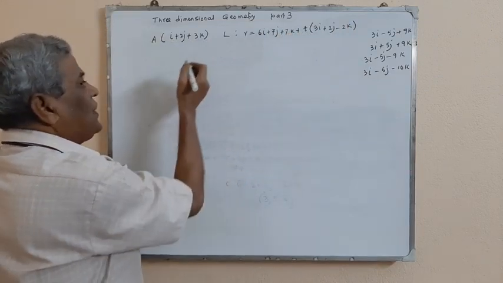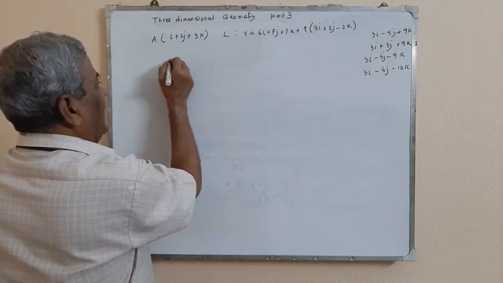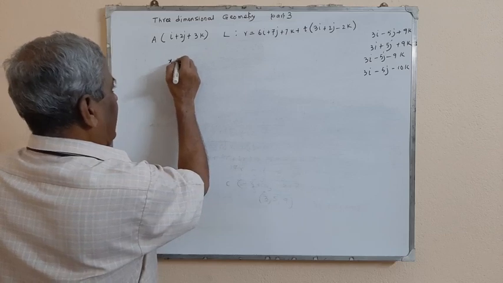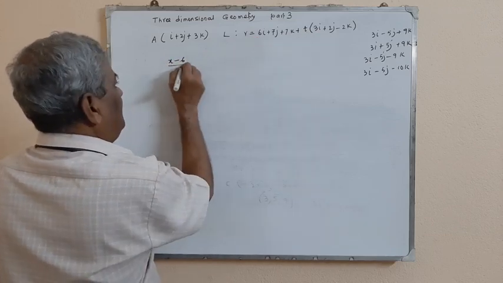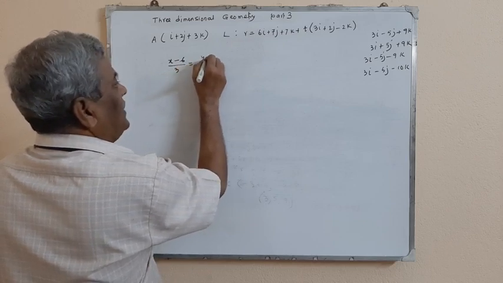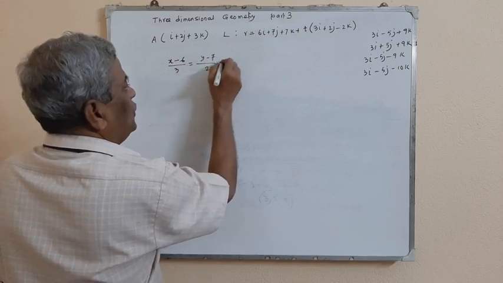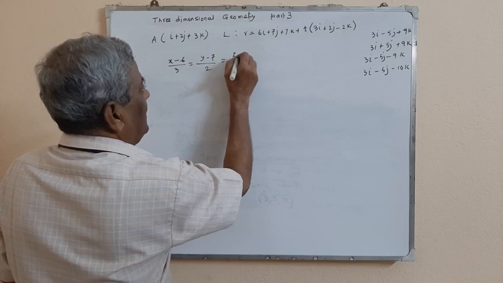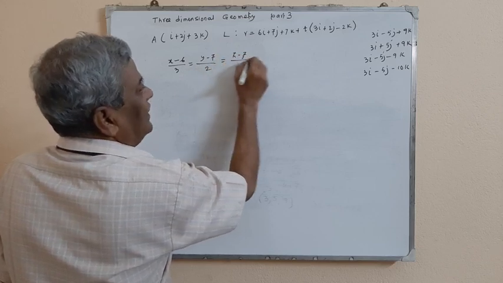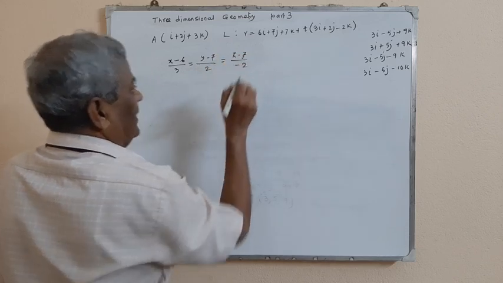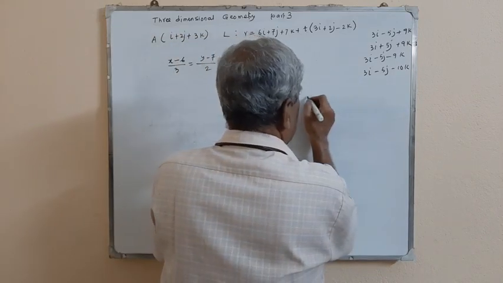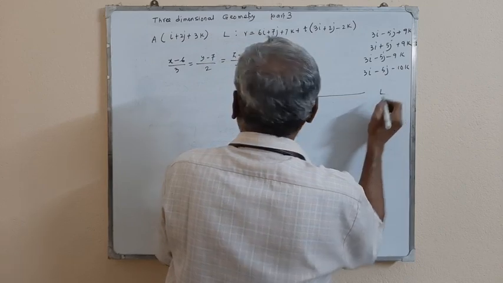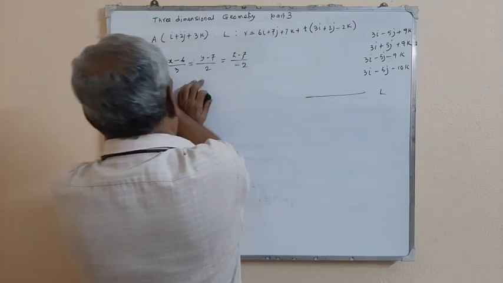So its equation in Cartesian form is x minus 6 by 3 is equal to y minus 7 by 2 is equal to z minus 7 divided by minus 2. This is the Cartesian form of that. Suppose this is the line L.